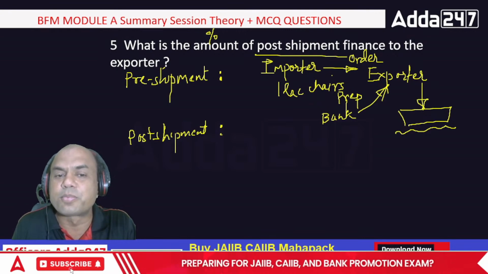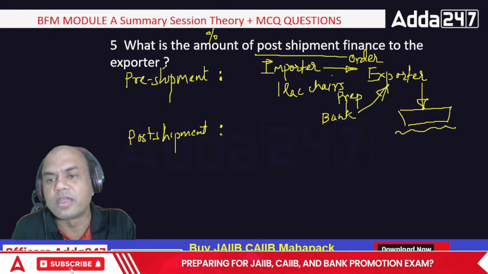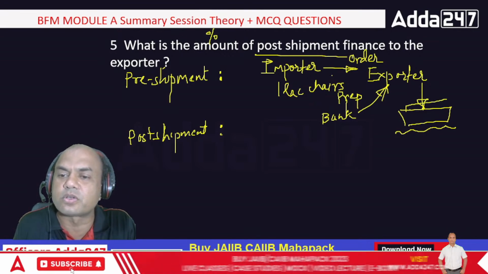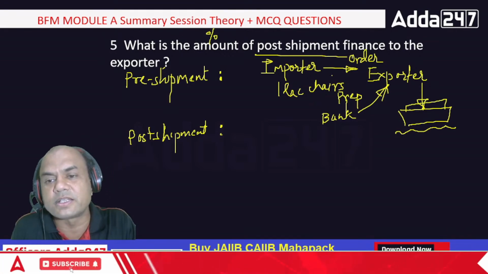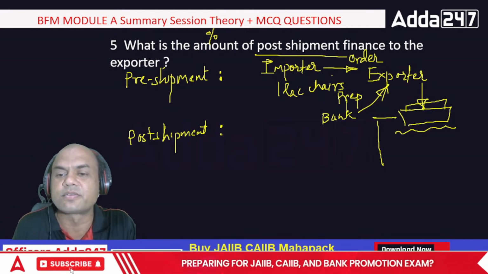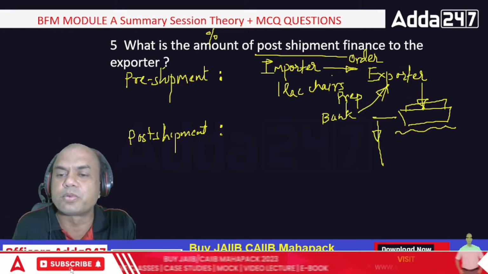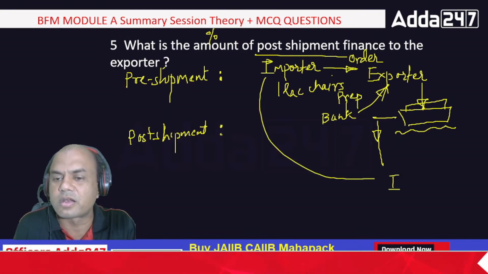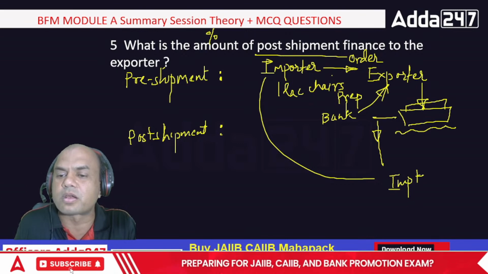So this pre-shipment, where does it end? It ends when I load the goods on the ship. When I load these goods on the ship, my pre-shipment ends, and from here post-shipment starts. Then it goes to the importer.